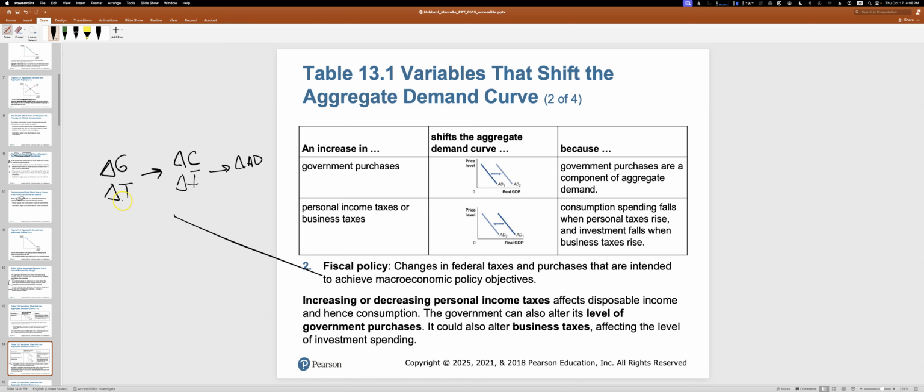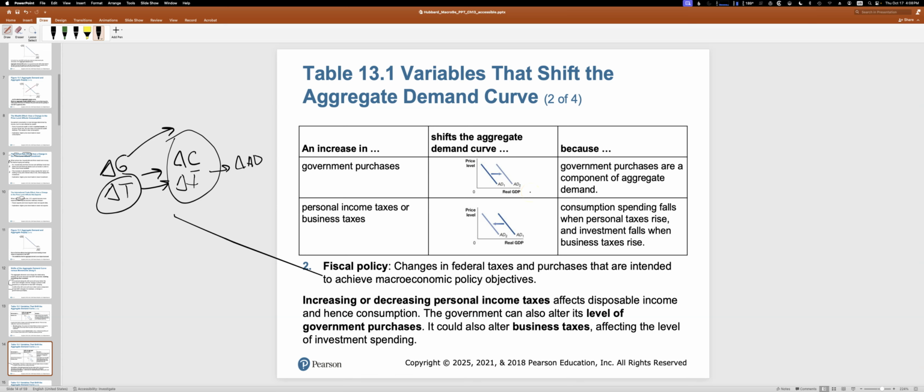I should be more specific here, sorry. Changing taxes leads to these changes, or we get this change on its own. And you see right here that changing taxes leads to changes in consumption and investment. Changing government purchases just changes it directly.